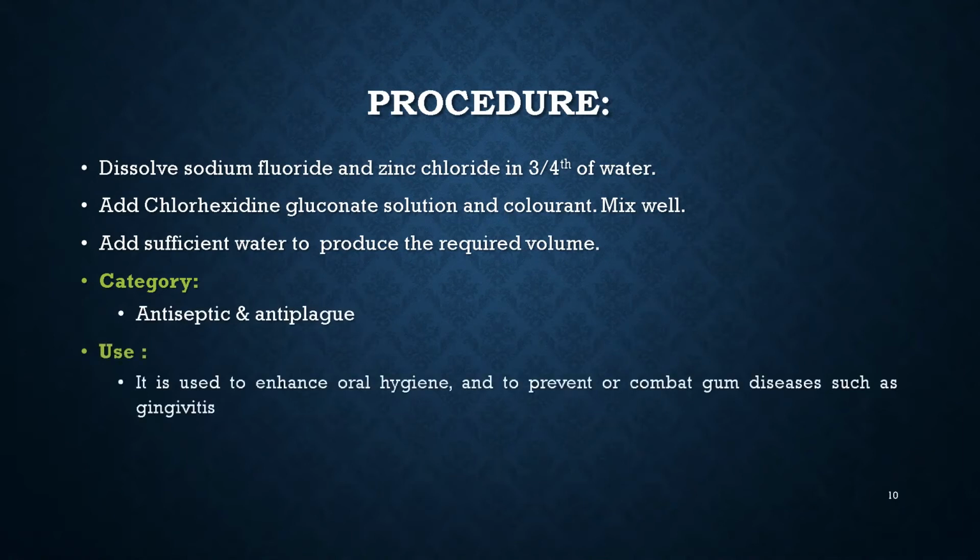It is used to enhance oral hygiene and to prevent or combat gum diseases such as gingivitis. Directions include dilute with warm water before use. You should not use it directly, otherwise it will cause irritation to your mouth.